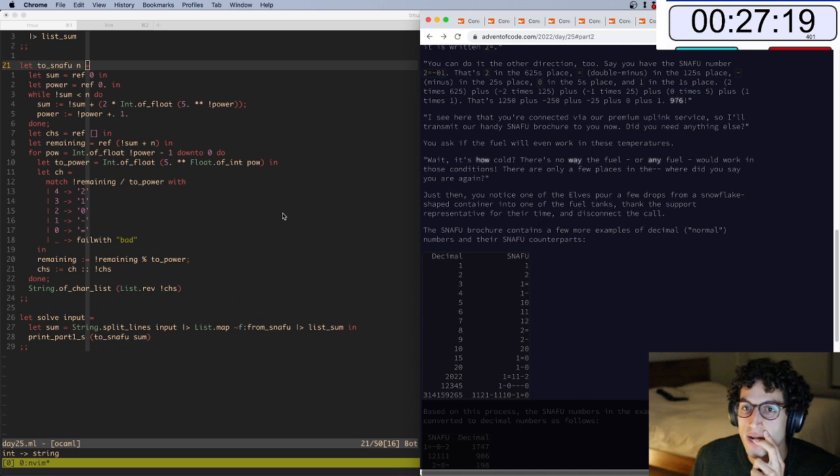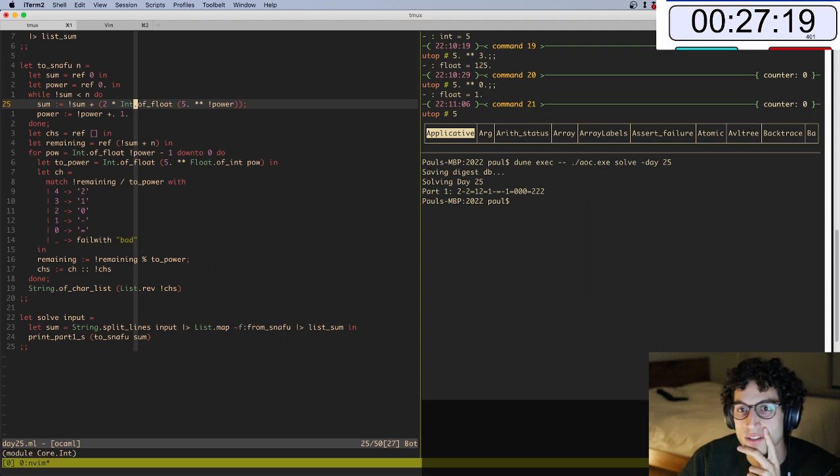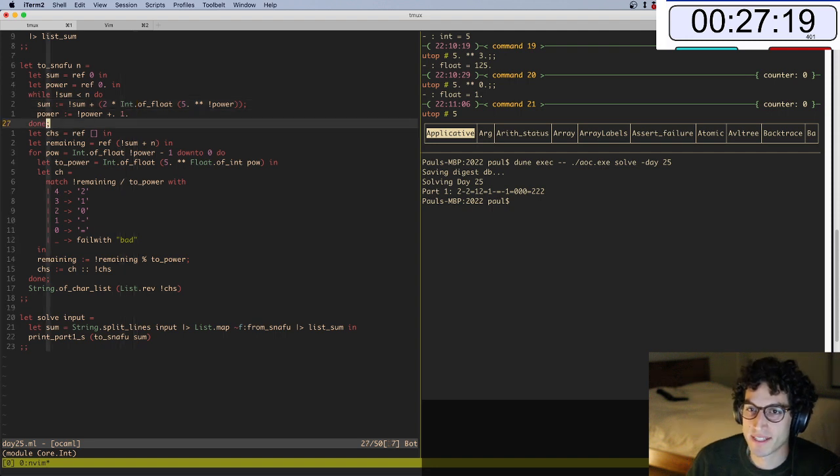So I first figure out how many digits there will be in the number. I have the sum, and while the sum is less than n, I add 2 times the current power, which starts at 0. And eventually I exceed the sum.